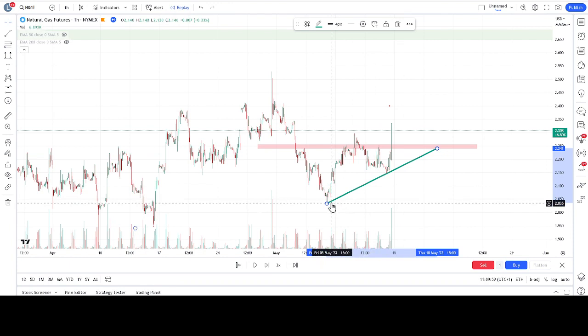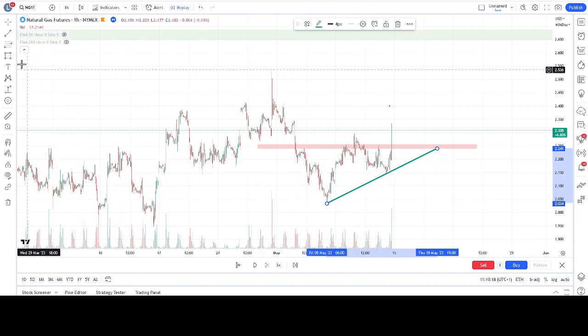So as you can see, on the resistance, one touch. This is a false breakout, two touch, and then a breakout. Similarly, you can see on the rising trend line, one touch, two touch. So this qualifies for an ascending triangle.